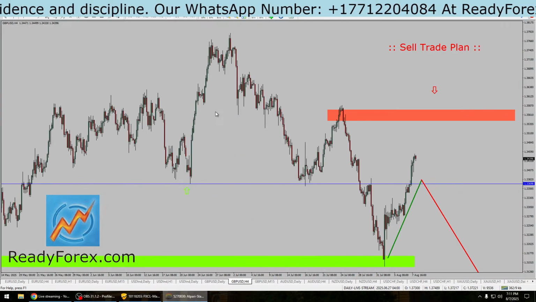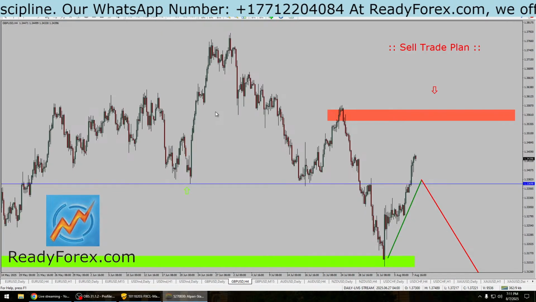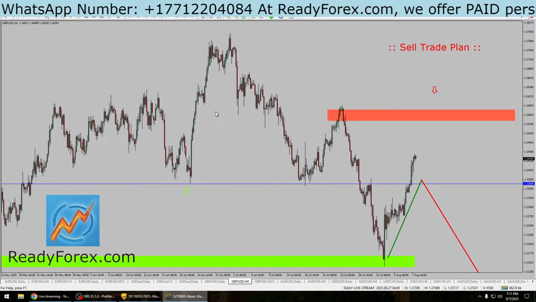The GBPUSD currency pair is not providing any setup right now.